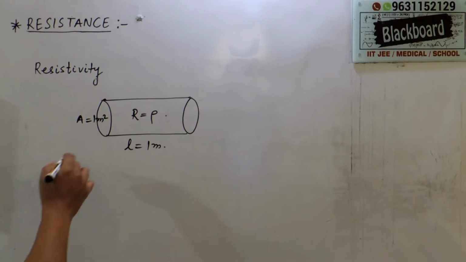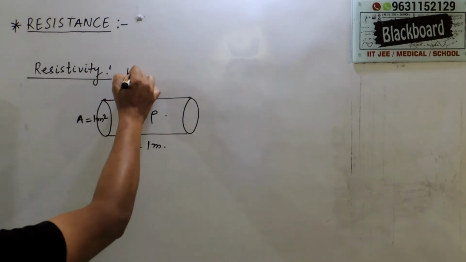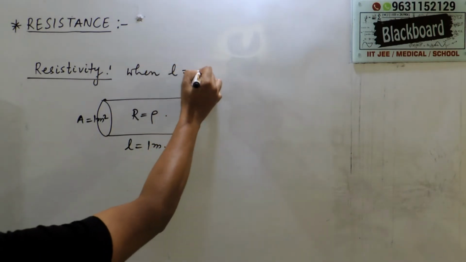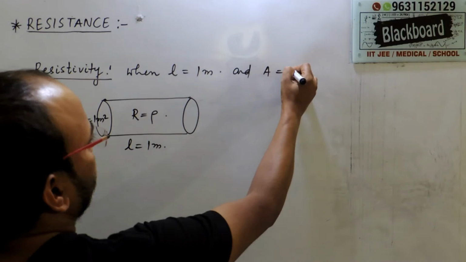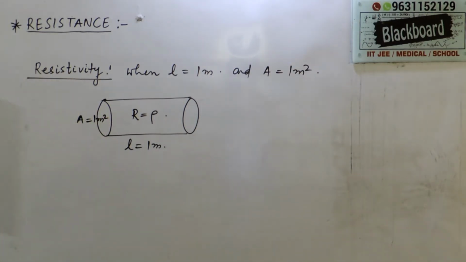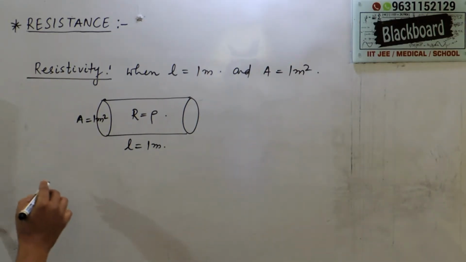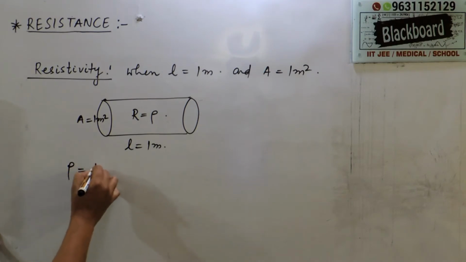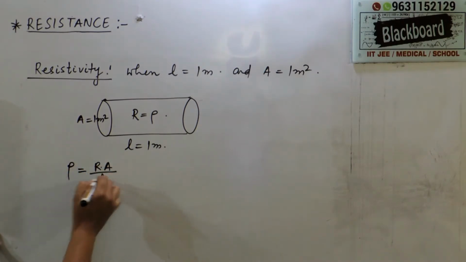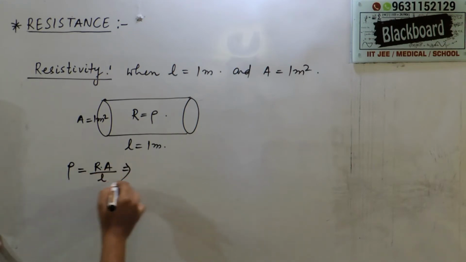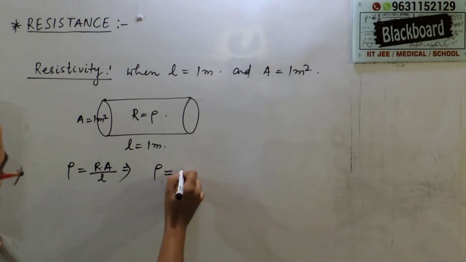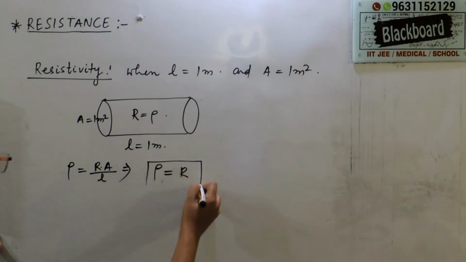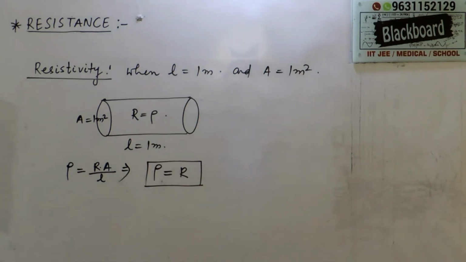When L equals 1 meter and the cross-sectional area is 1 meter square, your formula is rho equals R A by L. In that case A and L are both 1, so they cancel out, and R is equal to rho. Resistivity is purely resistance.